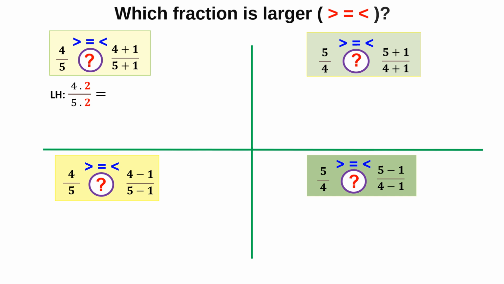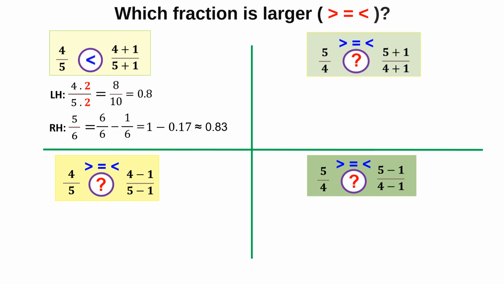When we add 1 to both, we get 0.8. The right-hand side is 5 over 6, that is, in decimal, 0.83. So the value of the new fraction is larger than the original.